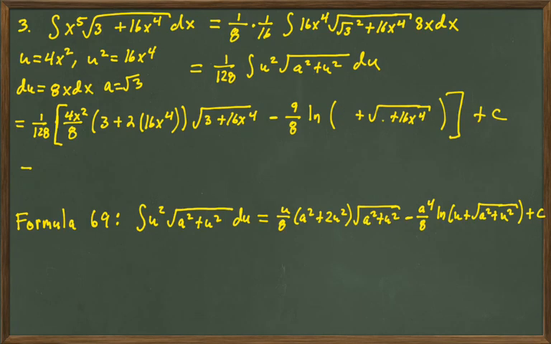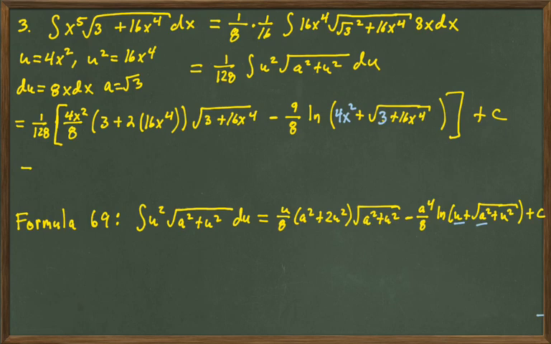Okay, I just caught a little bit of an error here. It should be u here, and u was 4x squared. And a squared was supposed to be 3. Sorry about that. So let's go ahead and fix that there.